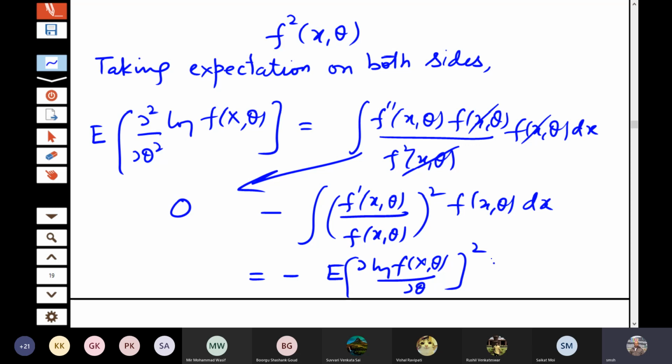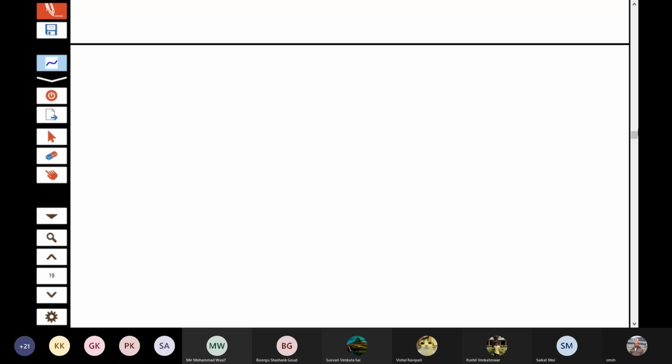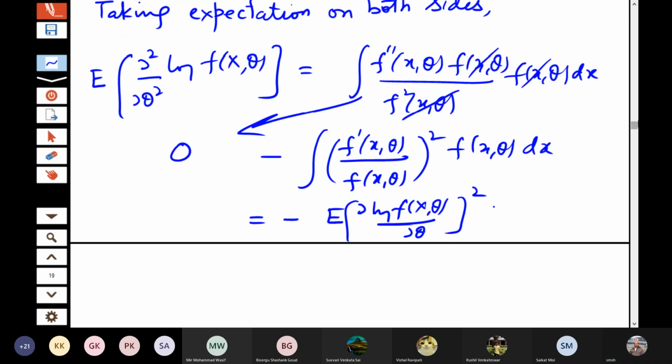Many times, when we want to generalize this lower bound to higher dimensions, we will use the second order derivative. Is this proof clear to all of you? Yes, sir. A student asks why the double integration of the double derivative is 0.